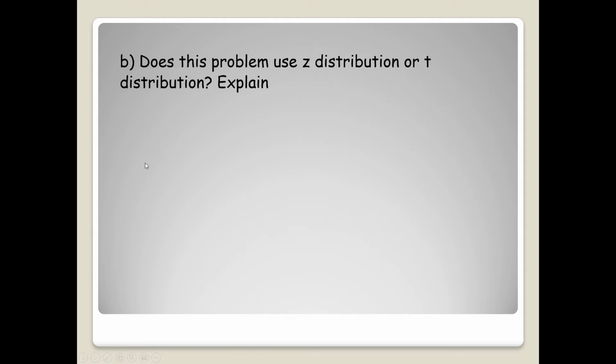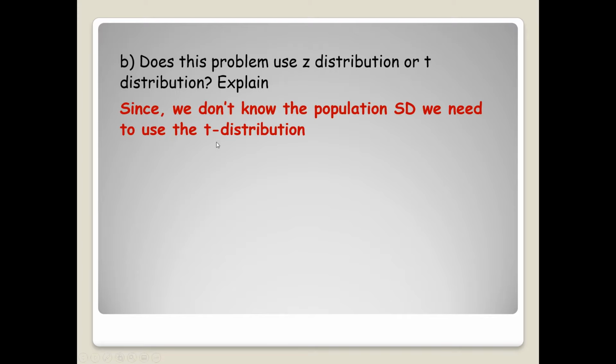Next, could you tell the difference between a Z distribution and a T distribution? Well, let's think about it. For Z, you need to know the population standard deviation, whereas for T you don't know the population standard deviation. So that's why we're going to use that one. T looks slightly different.